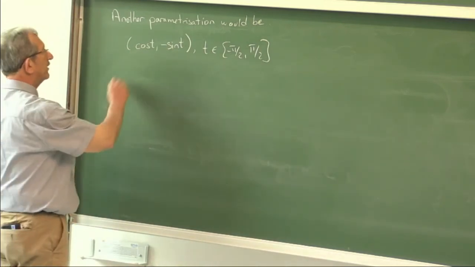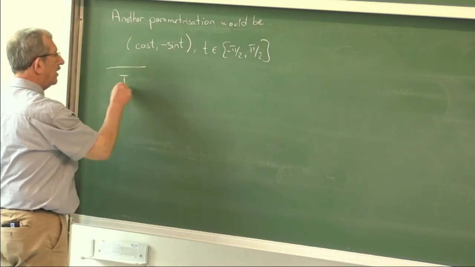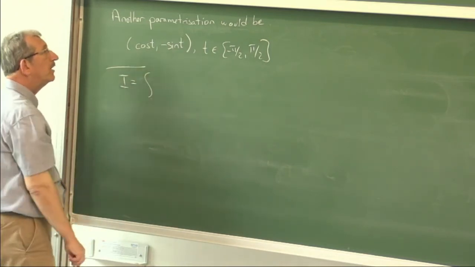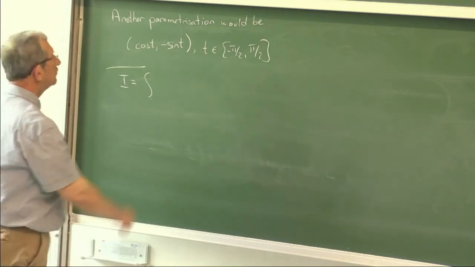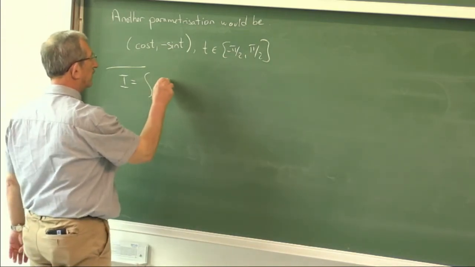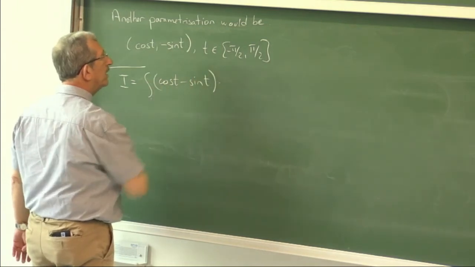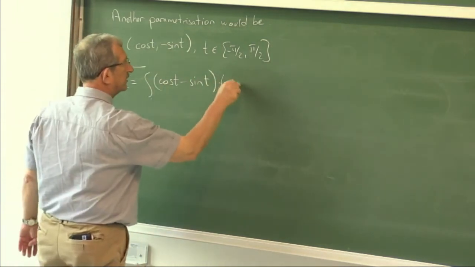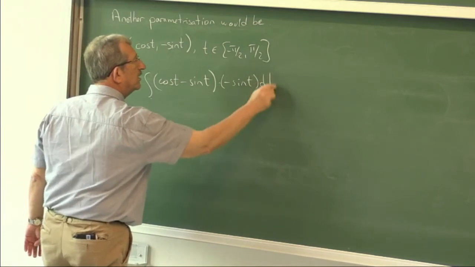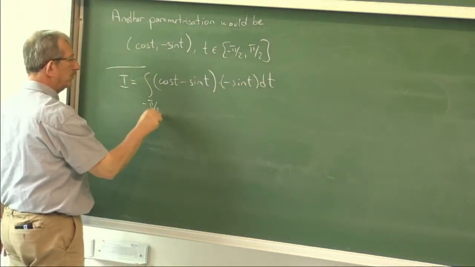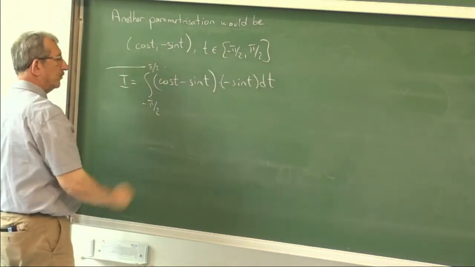Well, with this parametrization, I would be the integral of x plus y dx, so that would be cosine t minus sine t, and dx is minus sine t dt, from minus pi over 2 up to pi over 2.